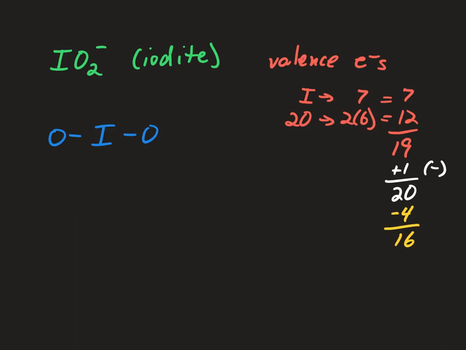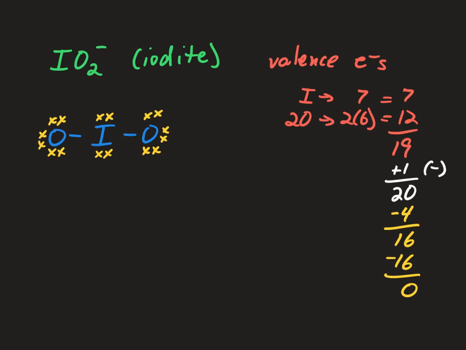right? So we start around the outside. 1, 2, 3, 4, 5, 6, 7, 8, 9, 10, 11, 12, 13, 14, 15, 16. Right? Now we have distributed all of our valence electrons. Again, it looks like everything has an octet, right?